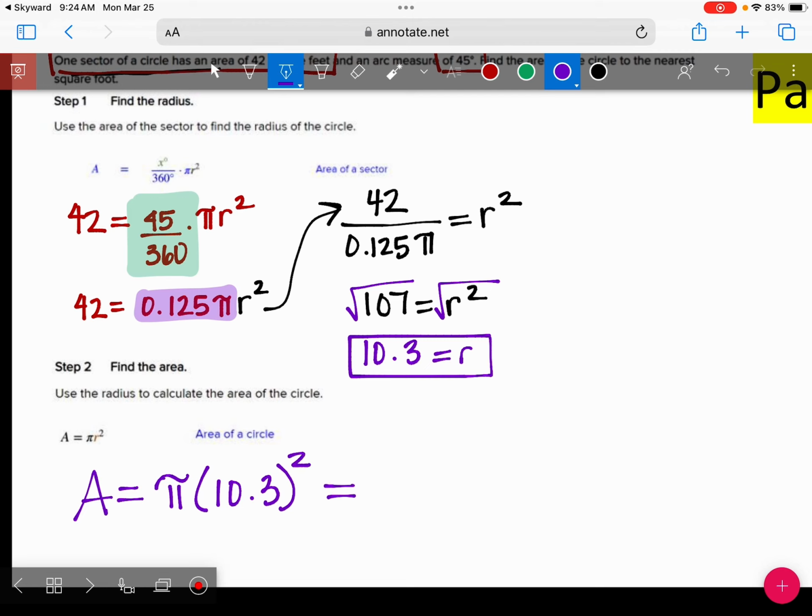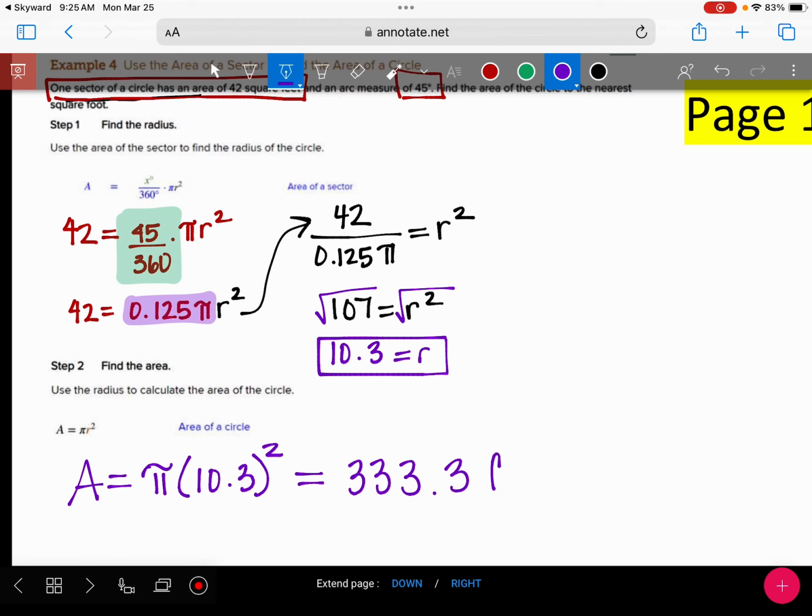So we had to figure out what the radius was in order to find the area. So go ahead and type that in. That's a lot of 3s. And that would be your final answer.